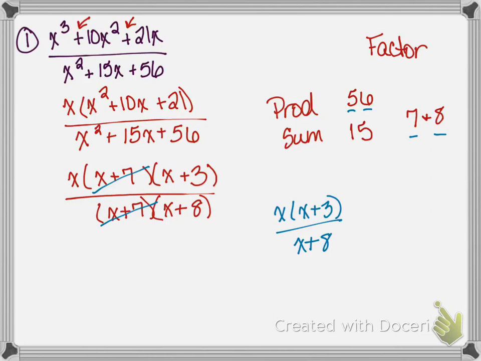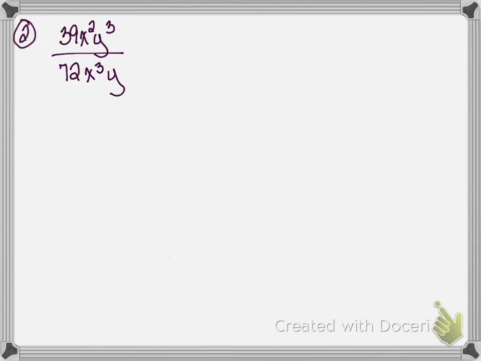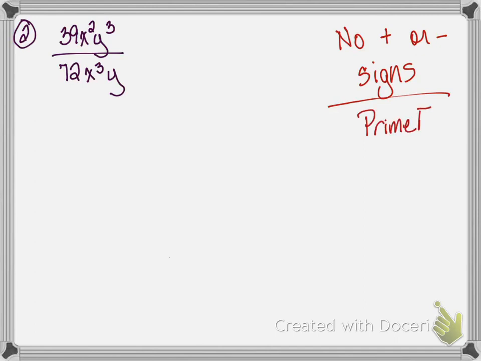Again, this is a monomial divided by a monomial, because there are no addition or subtraction signs. When that is the case, doing the prime factorization is a good plan.